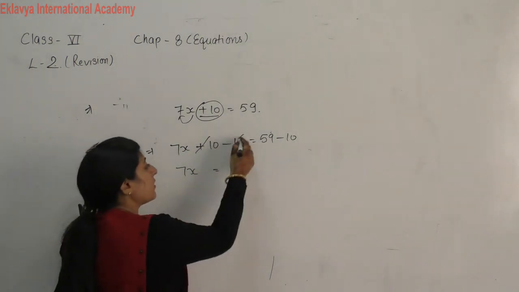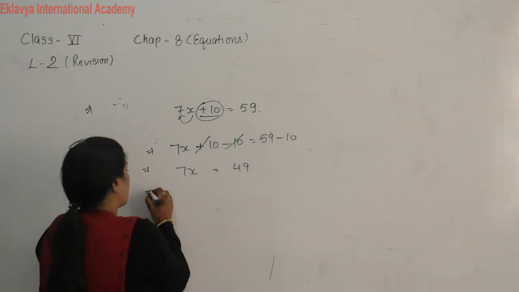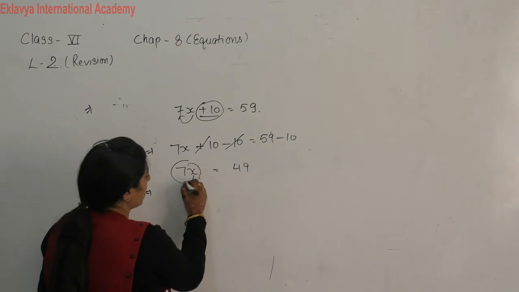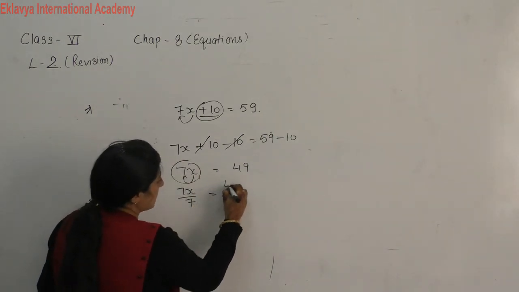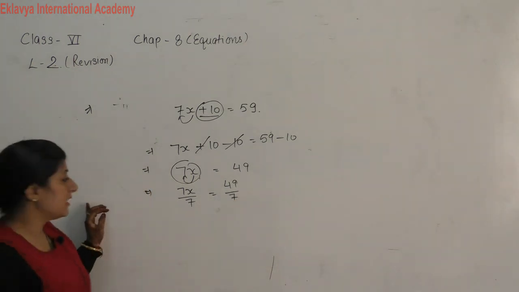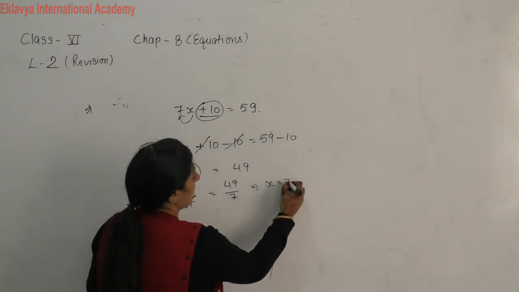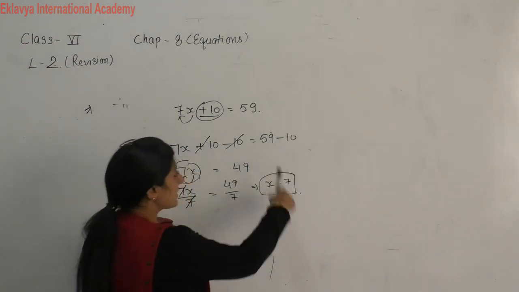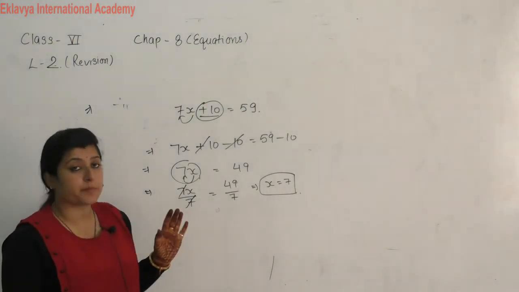This one cancels out and this one is 49. Now using inverse operation, multiplication by 7, we will divide by 7. 49 by 7, then it cancels out, it becomes x and this one's value is 7. This question is solved by the inverse operation method.